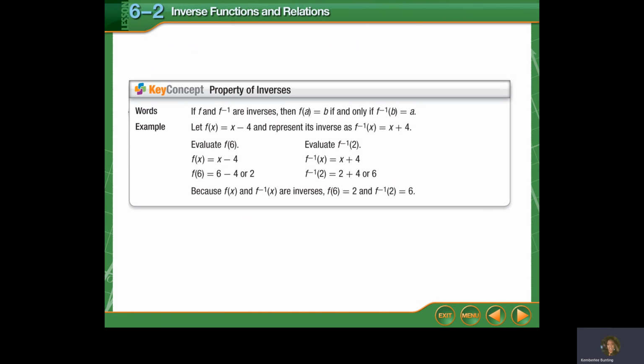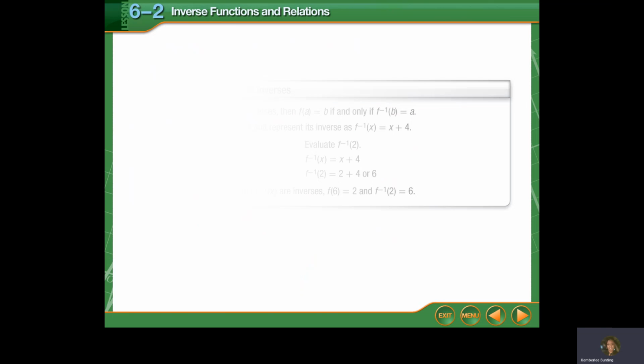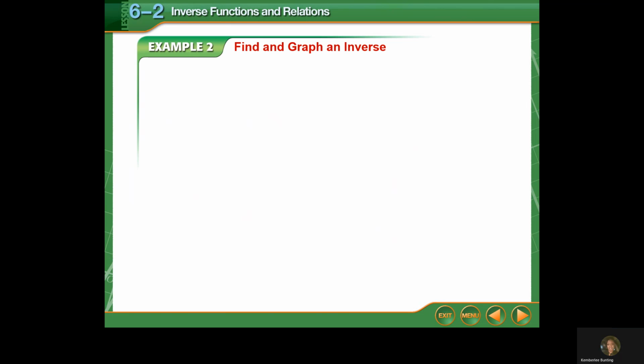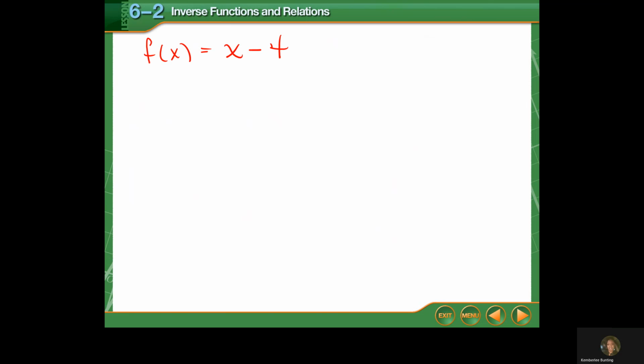Let me show y'all something. We started off with f(x) equals x minus 4, right? How did they know that they were inverses? Let's start off with a very simple function. Now they gave us the inverse in the previous example, right?